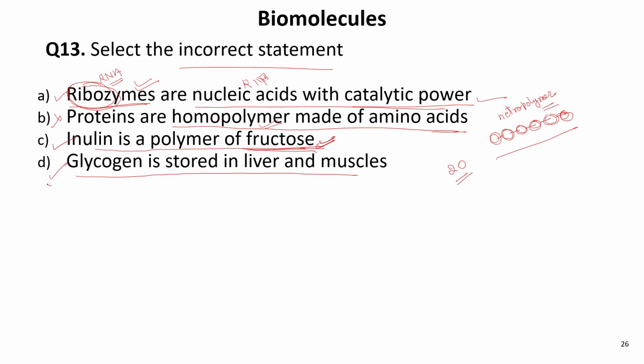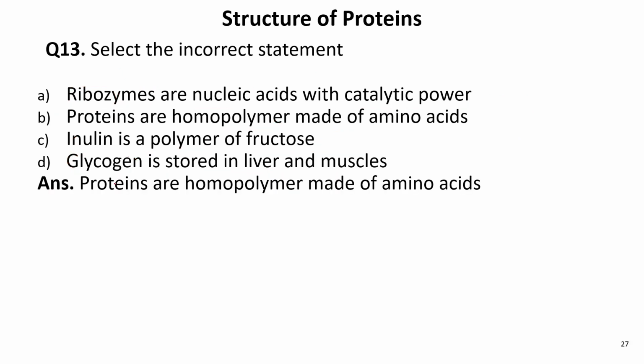Glycogen is animal starch. It is stored in liver and muscle. So this is also the correct option. So proteins are homopolymers made up of amino acids is the incorrect statement. The correct statement must be that proteins are heteropolymers made up of amino acids.